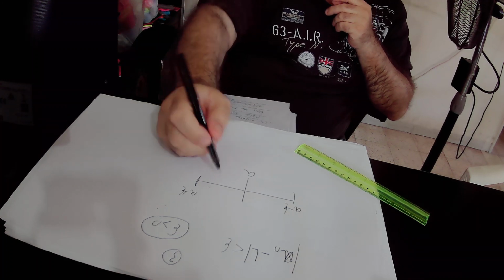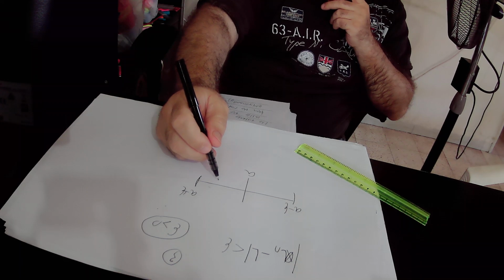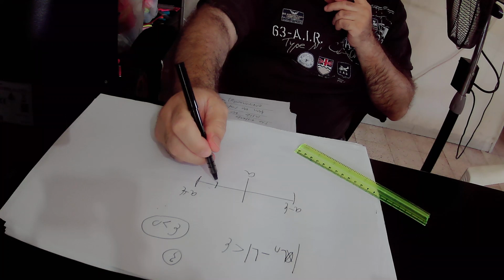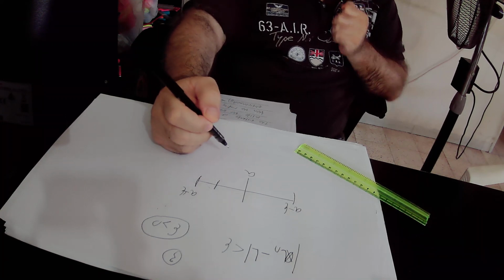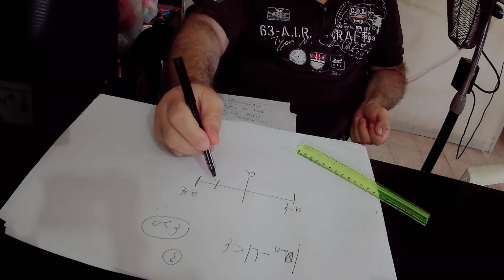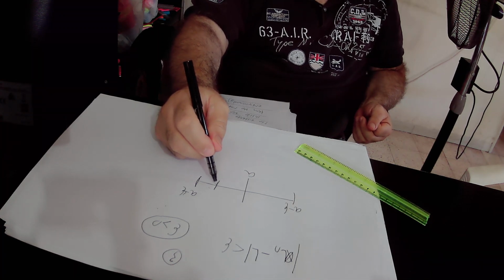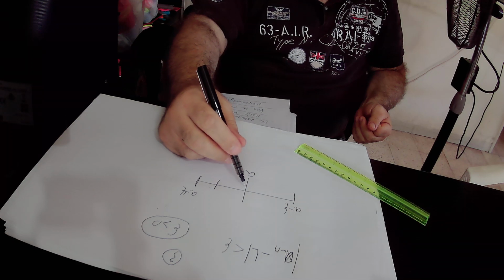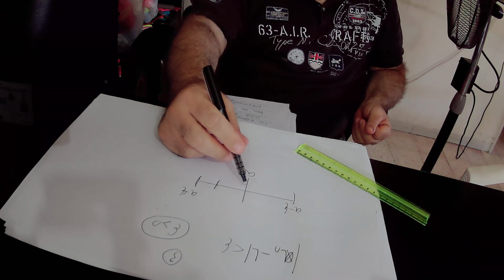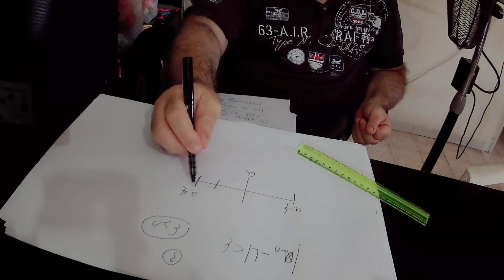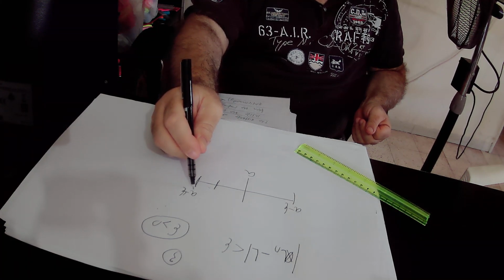For example, if the member of the sequence is located here, then the distance of this point from A is less than epsilon. Why? Because A plus epsilon equals this number.